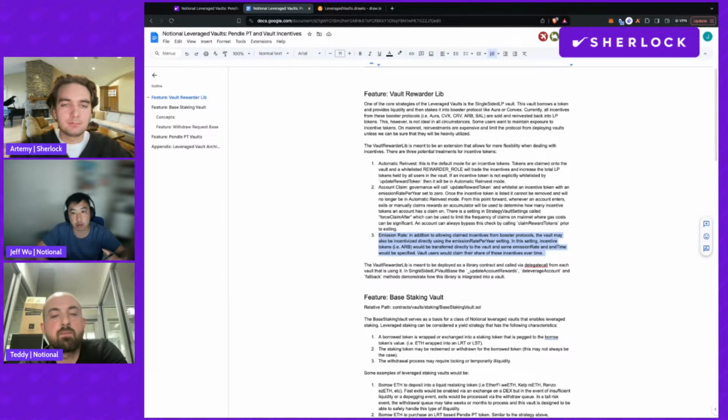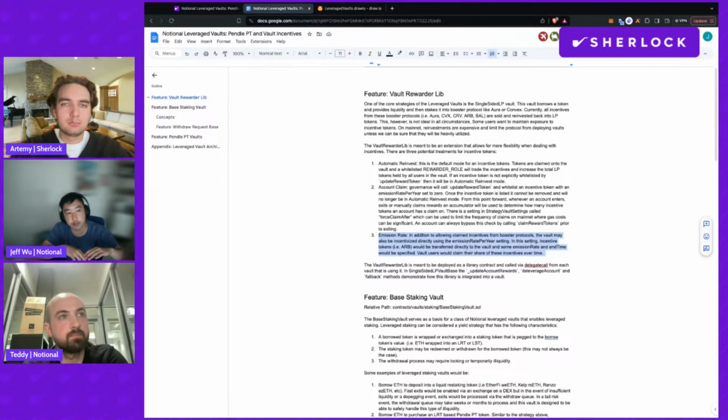While we're doing this manually, this emission rate would allow us to set the emission rate of ARB for all the vault users over a specific period of time. It would transfer the ARB to the vault, and the vault would calculate how much ARB each account holder is allowed to claim as they enter and exit the vault.